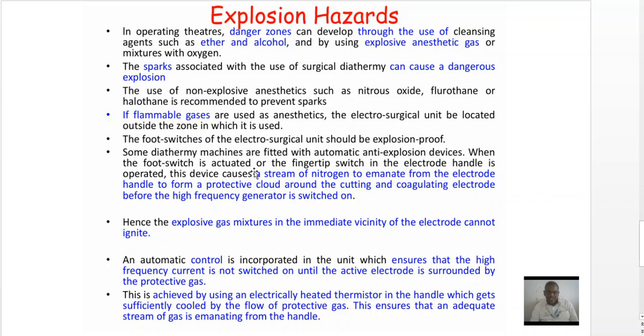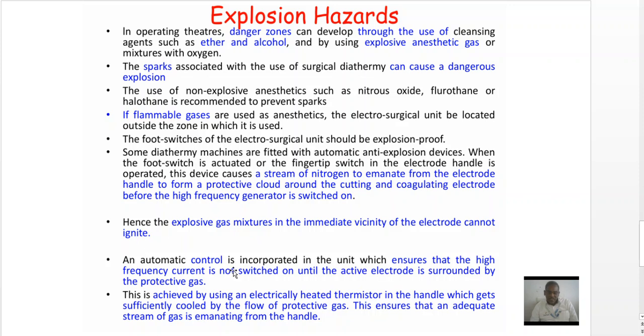When the foot switch is activated or the fingertip switch in the electrode handle is operated, this device causes a stream of nitrogen to emanate from the electrode handle to form a protective cloud around the cutting and coagulating electrode before the high frequency generator is switched on. Hence, the explosive gas mixtures in the immediate vicinity of the electrode cannot ignite.